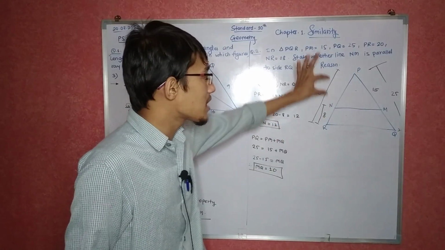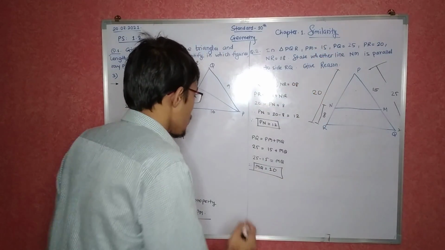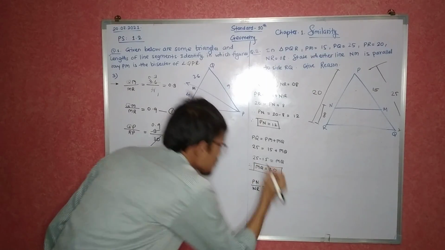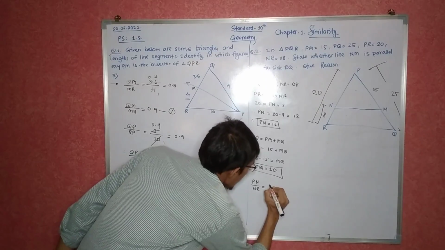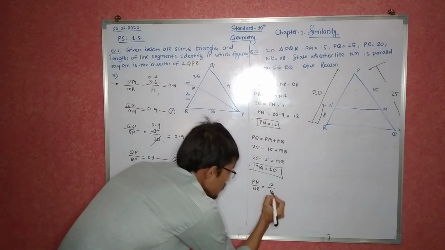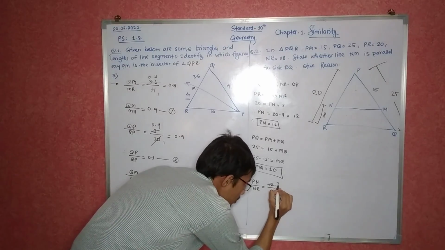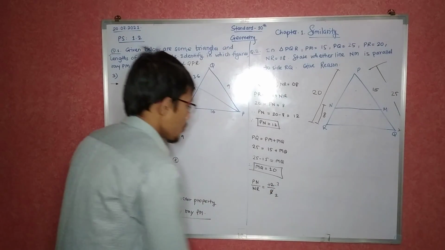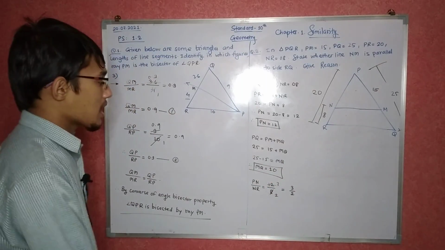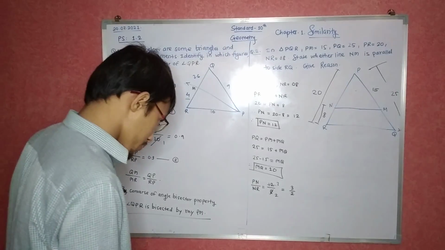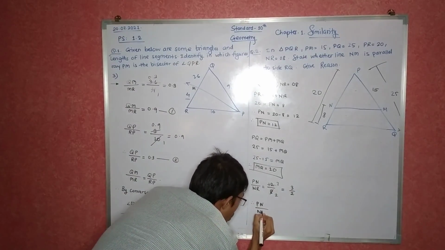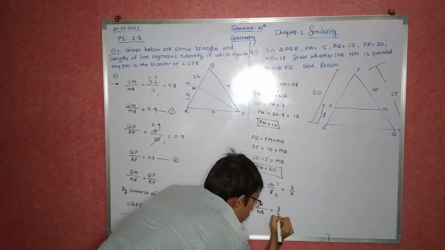First we will find the ratio of PN and NR. PN upon NR is 12 upon 8. 4 2s are 8 and 4 3s are 12, so PN upon NR is equal to 3 by 2.